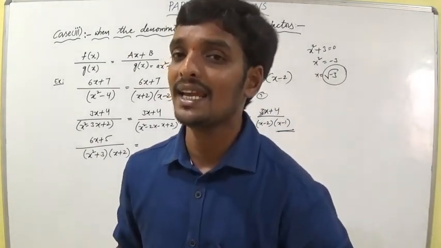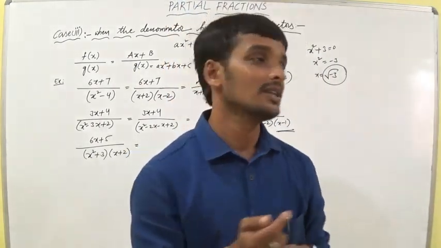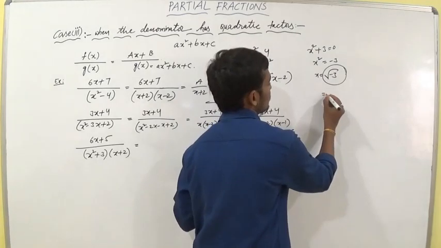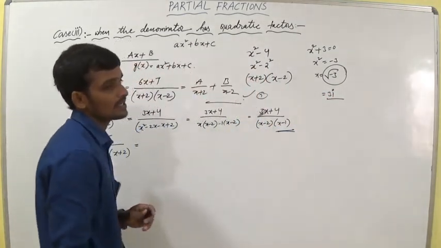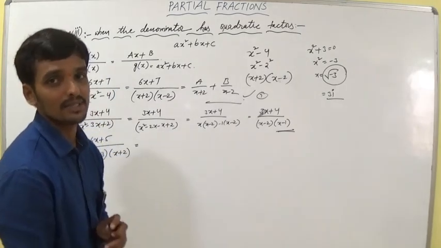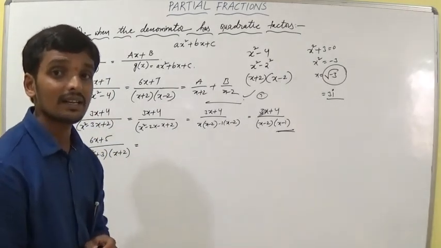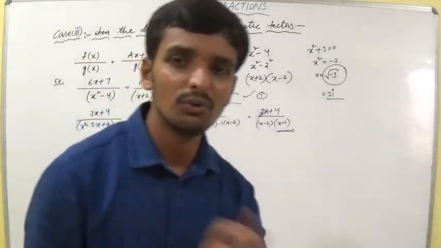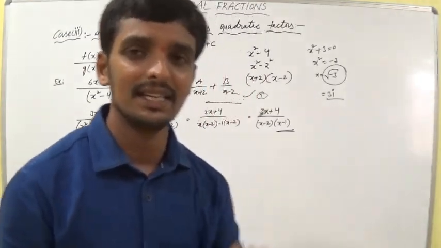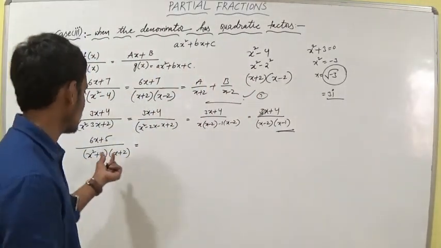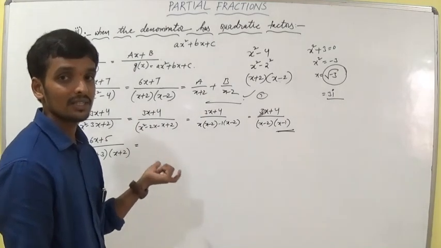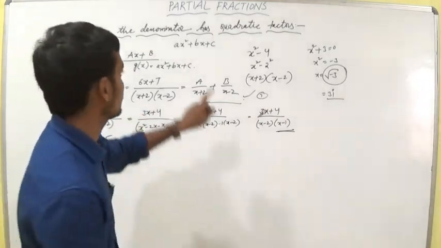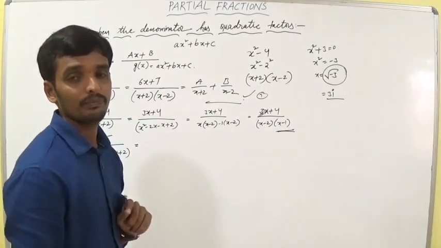Those are not real; these are real numbers. So we write it as √3 i, where i is an imaginary number. Those are complex numbers. The roots are not real, they are imaginary. That's why the quadratic equation has no real roots. So we cannot factorize, and in this case we can apply the third rule.